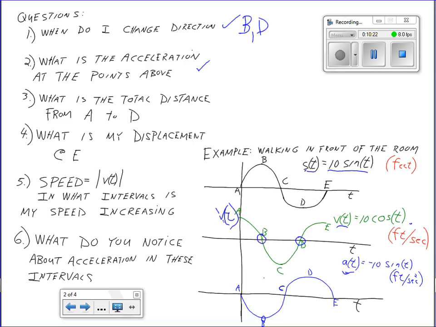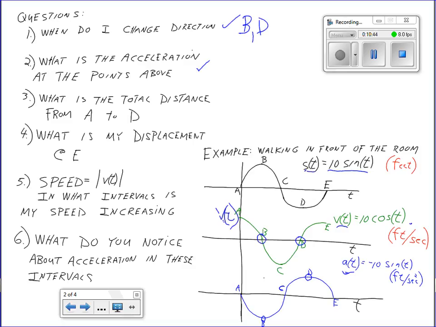Think about the force it takes for me, or any particle, to change direction. It's negative here, and at the other point my force would be positive. That's the acceleration at that point.